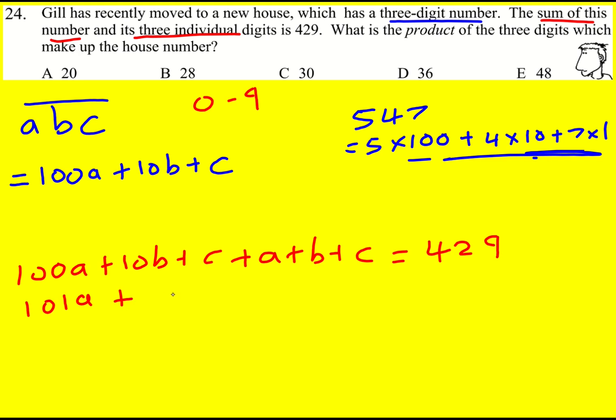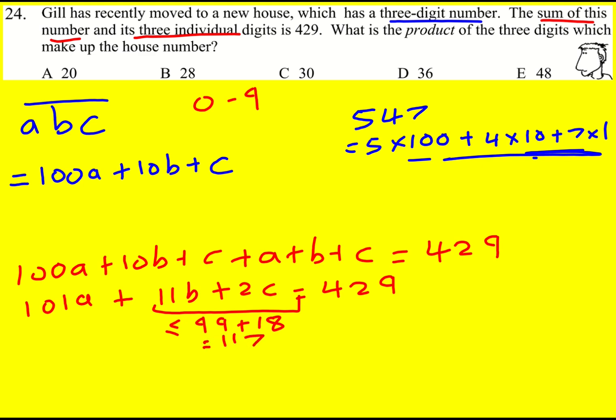So we can very quickly work out what A is. So 101A plus 11B plus 2C must equal 429. Okay, so the only way this can possibly happen with them being digits between 0 and 9, remember, 11B plus 2C is going to have to be less than or equal to 99 plus 18, because that's the largest that B and C can actually equal, which is 117.